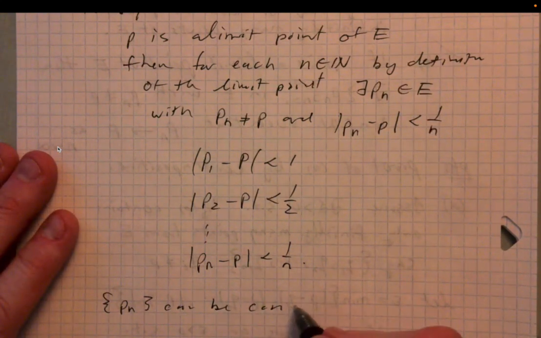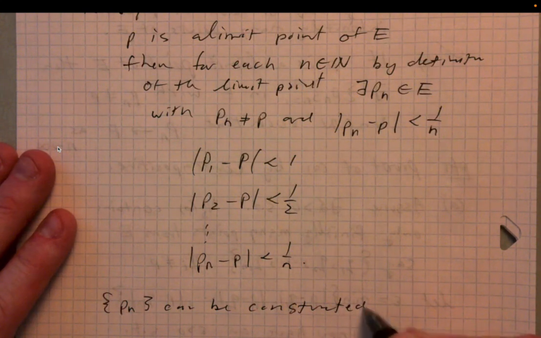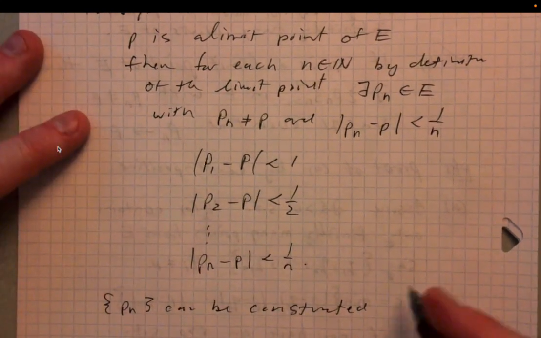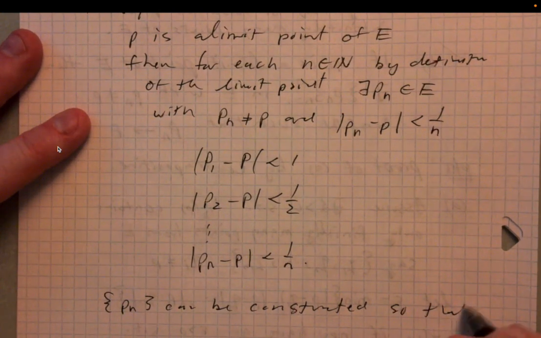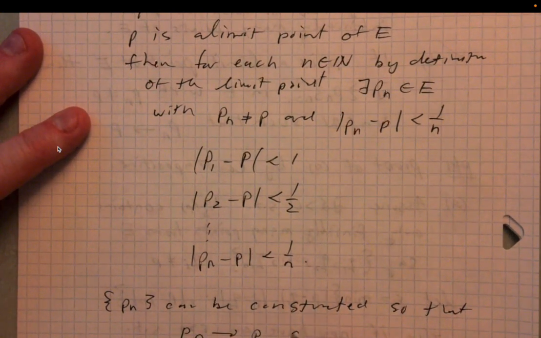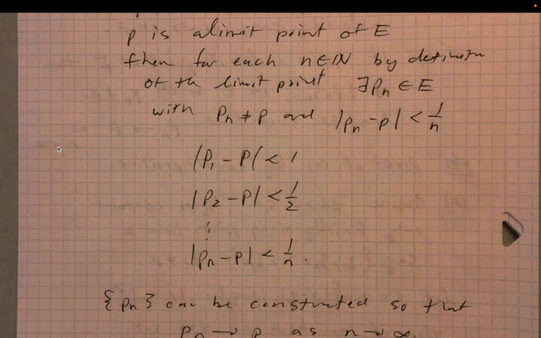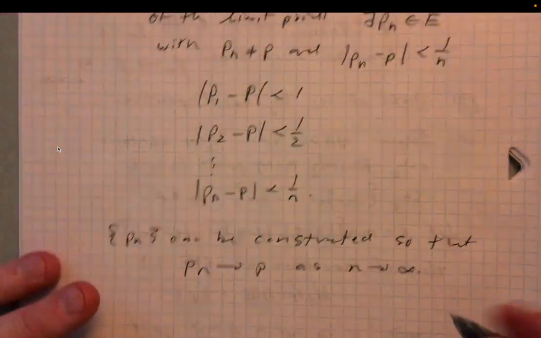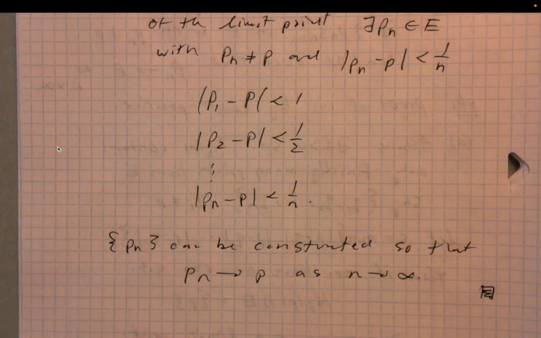So p sub n can be constructed. And obviously the way we're constructing this is getting closer and closer to p. It's converging to p. Okay, so there you go. That's all there is to it. We don't have to explicitly write the sequence. We just have to show that there is one. Okay. All right, very good.